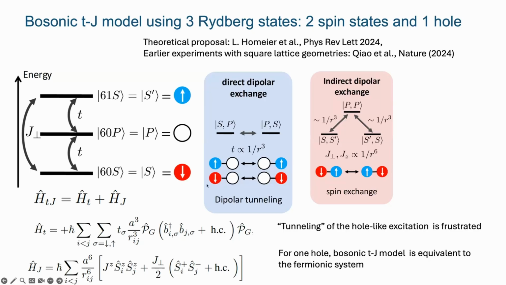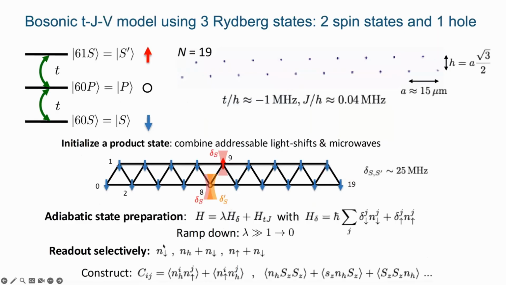Or if we think about the exchange process which corresponds to the spin down state, this looks like tunneling of the spin down particle. So effectively, we get a system in which we do not have double occupancies, but we have tunneling, and there are 3 states. So it's a bosonic t-J model.